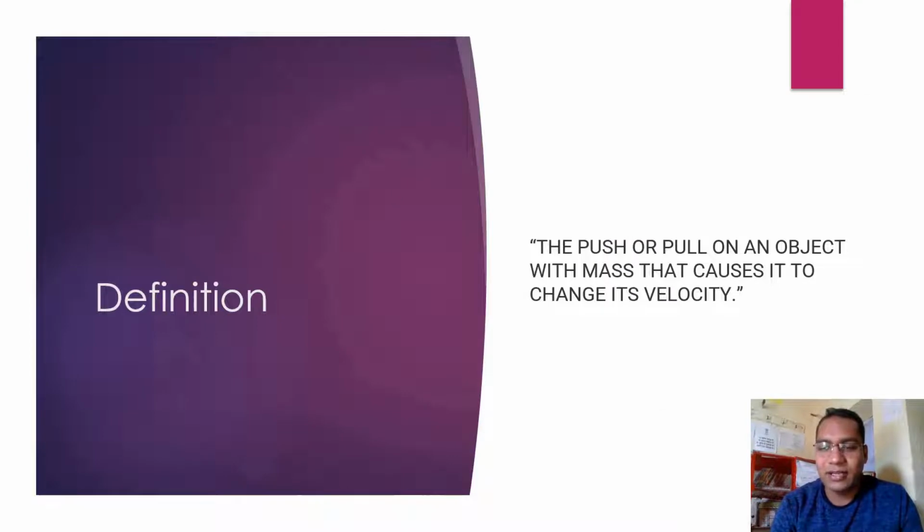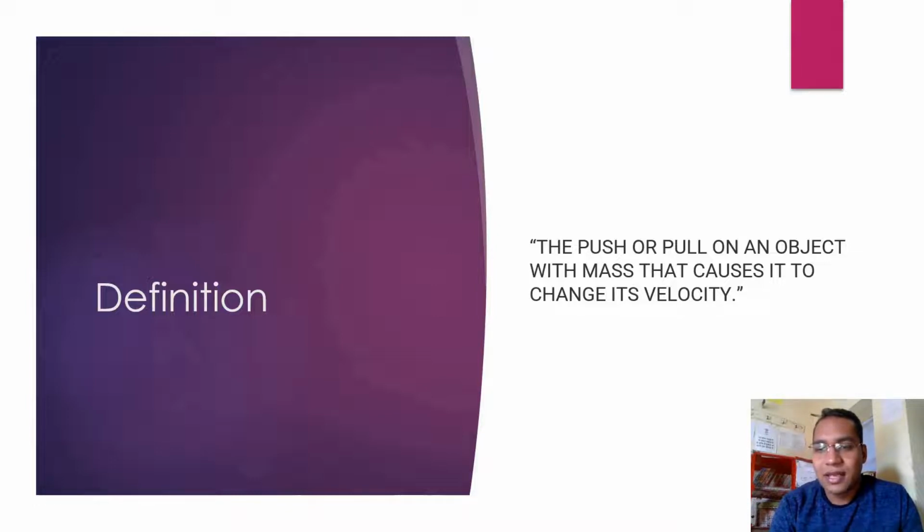In exact definition, force is the push or pull on an object with mass that causes it to change its velocity. It means the push or pull is on an object, with mass, and it should cause a change in its velocity.